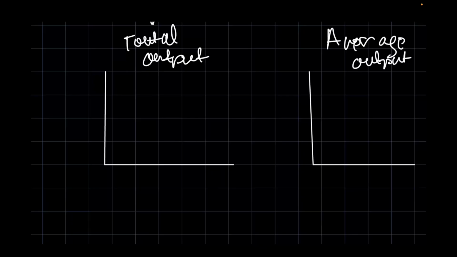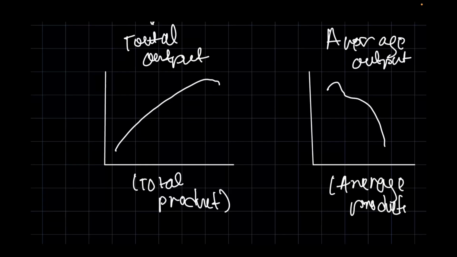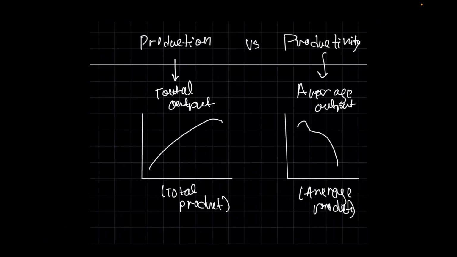When you look at the total product as a whole, this is somewhat what the diagram represents. It's called a total product. And then when you look at average output, it's somewhat like that, and this is called average product. So what this illustrates is the difference between production and productivity. The key differences are that production may fall with unemployment.